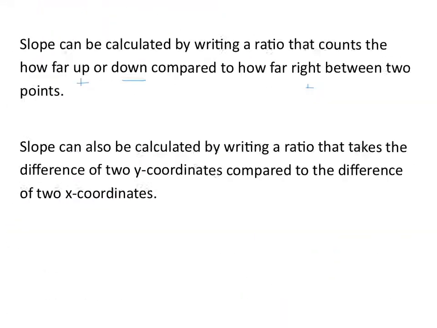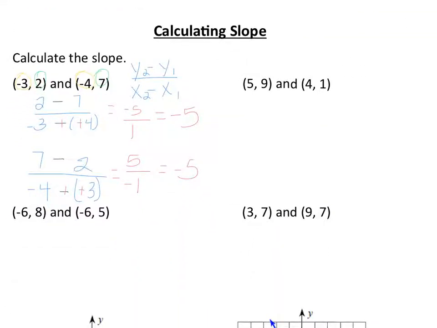So now, let's take a look at 5, 9, and 4, 1. So we know we're going to say y minus y and x minus x. And we know that it doesn't matter which one we start with, whether we do 9 minus 1 over 5 minus 4, or if we do 1 minus 9 over 4 minus 5.